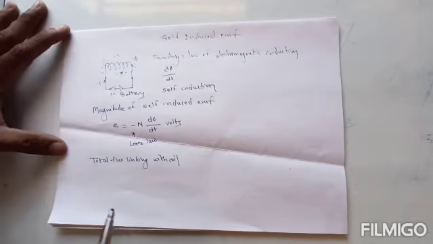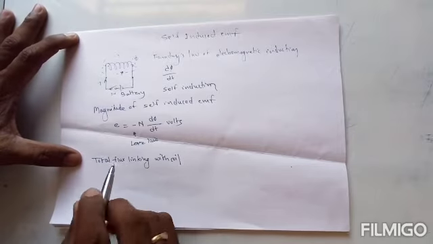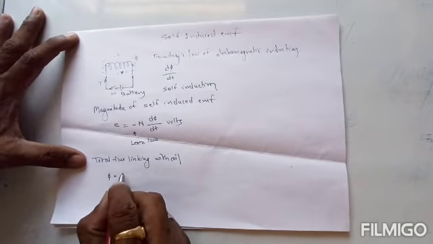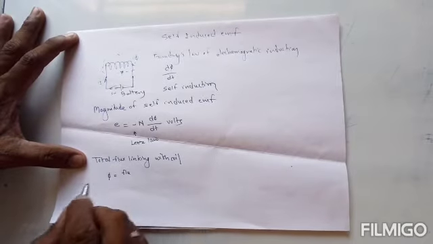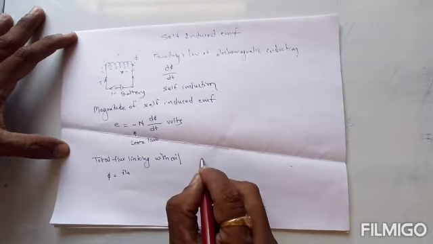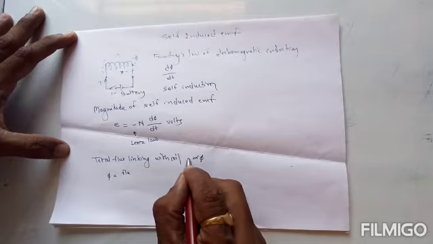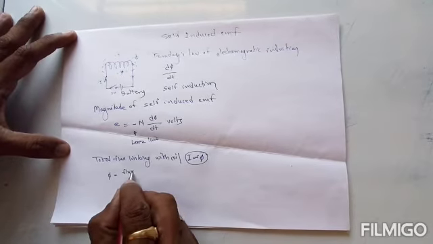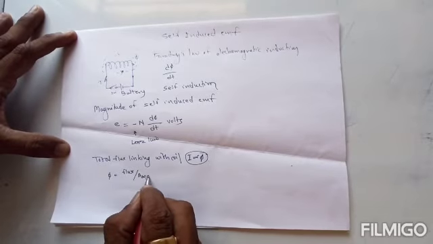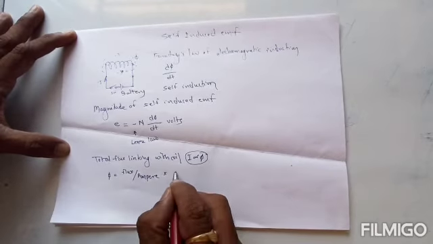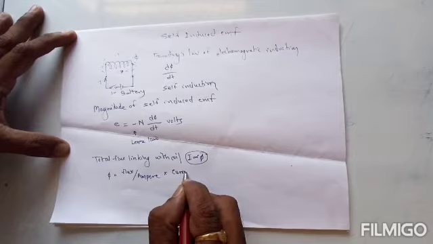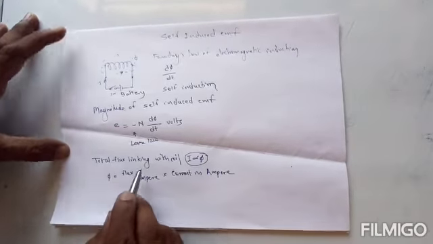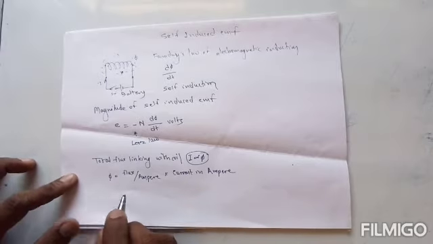So total flux linking with the coil, phi, we know that the flux depends upon the current, so flux per ampere into current in amperes is the total flux linking with the coil.